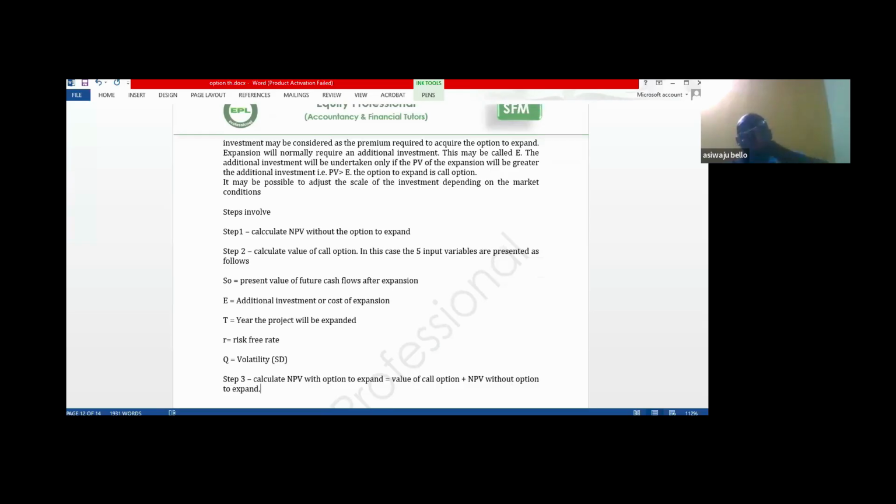Those are the 3 steps involved when dealing with a question on option to expand.